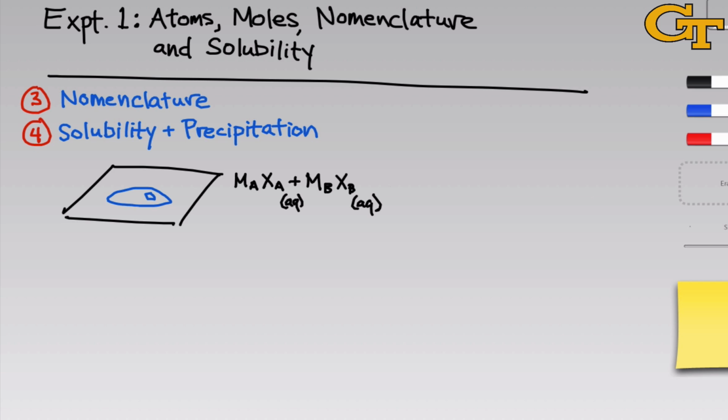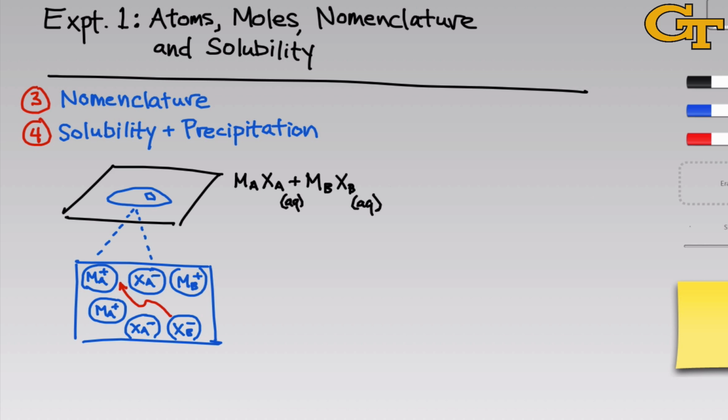In the laboratory, you'll take one drop of each solution and drop it onto a transparent piece of overhead projector paper and observe what happens. What you'll notice is that in some cases, a solid will form. What's going on at the molecular level when a solid forms in a situation like this? Well, if we blow up this little drop of water, what we'd see at the molecular level are little ions solvated by water molecules.